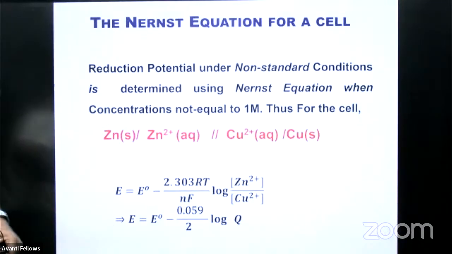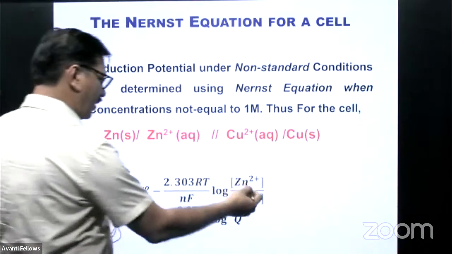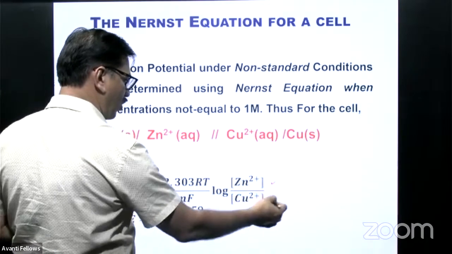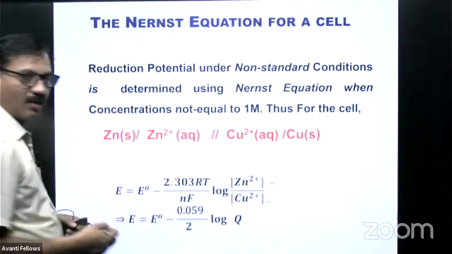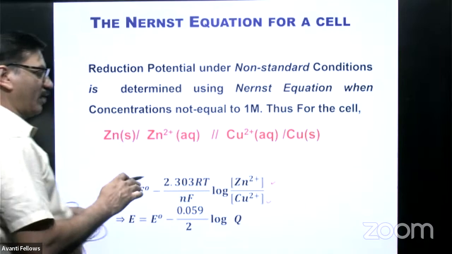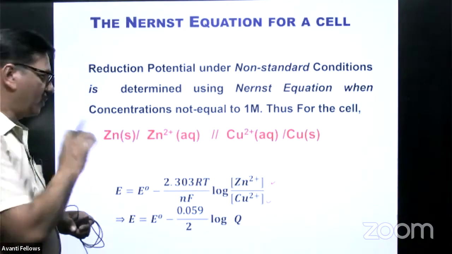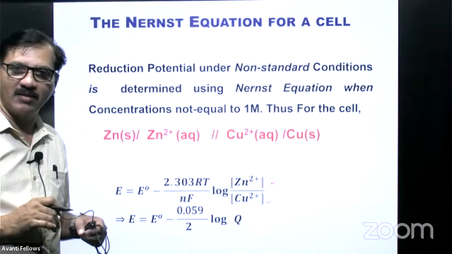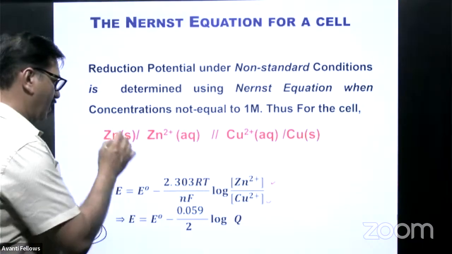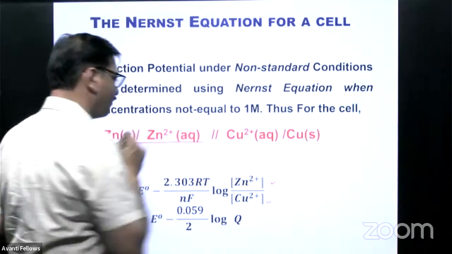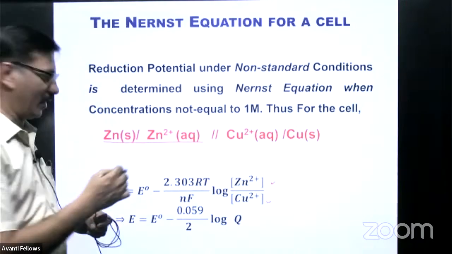Now, why is Zn2+ ion taken here and Cu2+ ion there? This is from the equation. The cell is represented here, and from the cell you can get the cell equation. This is the left half cell in which oxidation takes place.